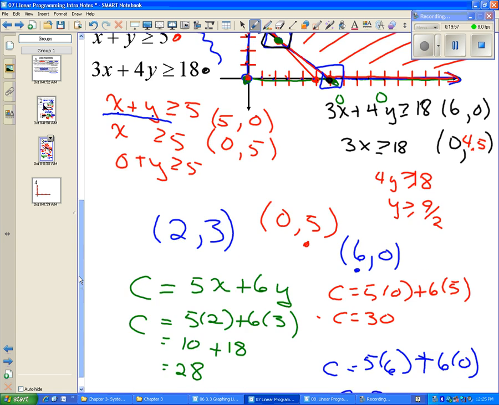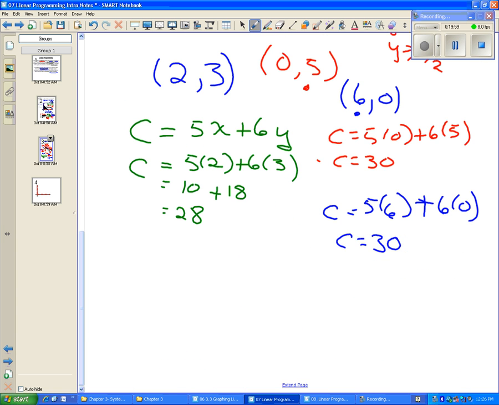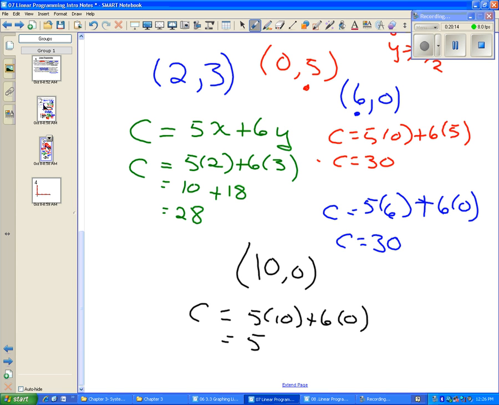What if I use the point 10, 0? Well, the point 10, 0 is going to give me 5 times 10 plus 6 times 0, and that's going to give me a point of 50. Now that's above my two 30s.